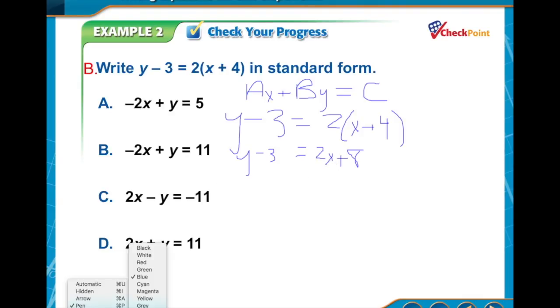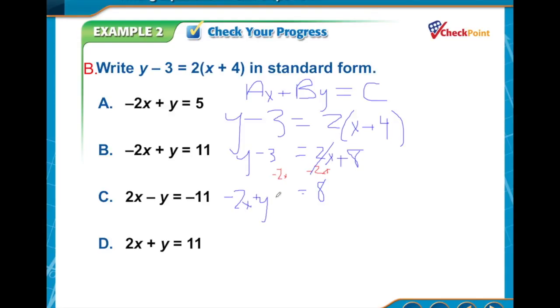So here I can subtract 2x from both sides. So 2x here and here. So with a little simplification, we can get closer. So here this will be an 8. This goes away. On the left we get minus 2x plus y take away 3 is equal to that 8, okay?